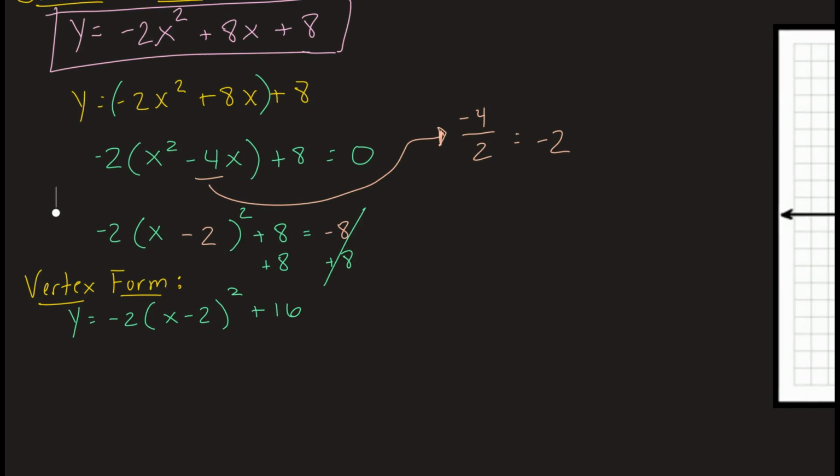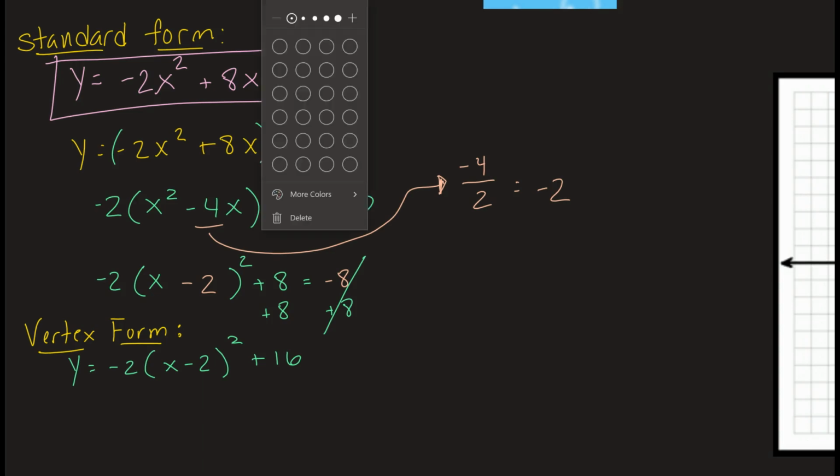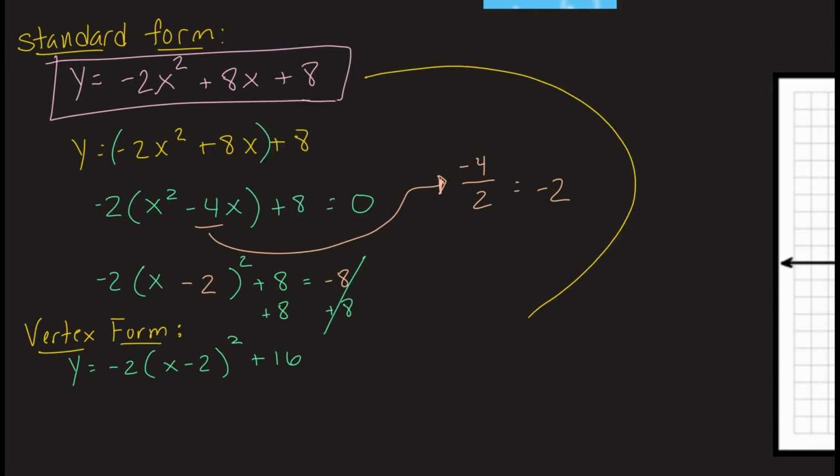Whenever you're in vertex form, we know exactly where the vertex is, and we'll go over that in a second. In order to convert from standard to vertex form, earlier in the year, we learned that this process is called completing the square.